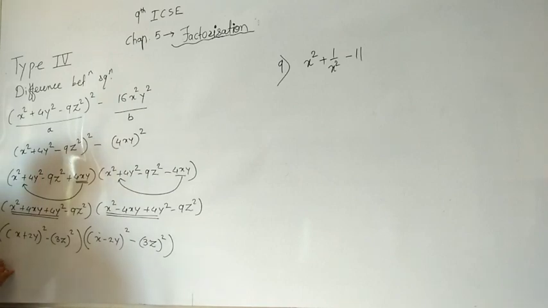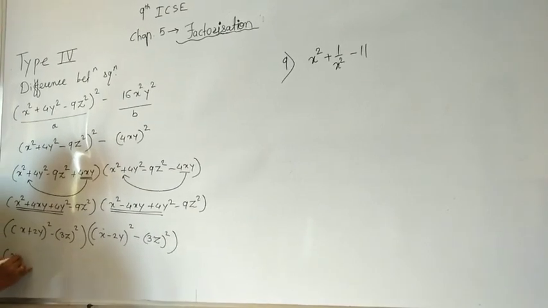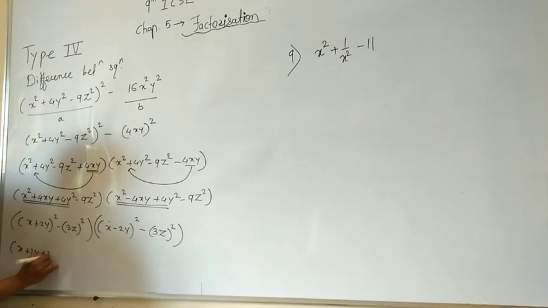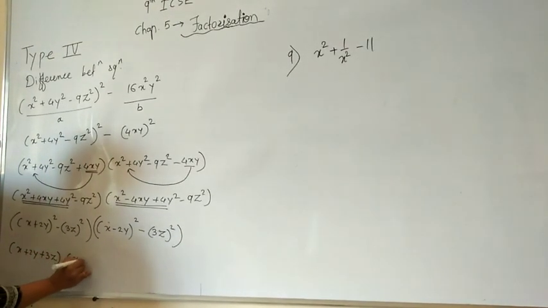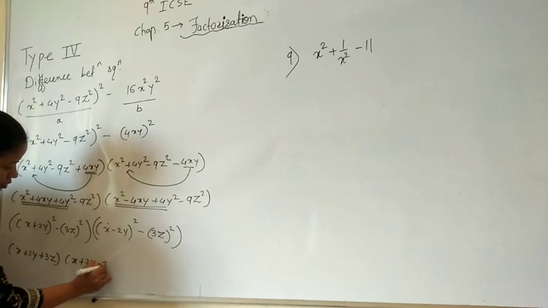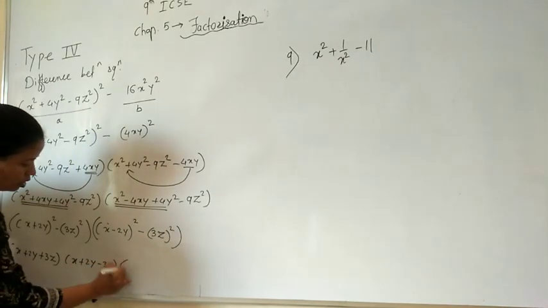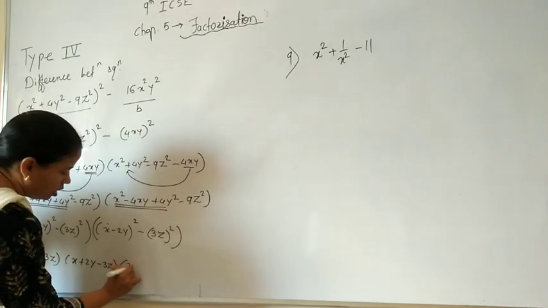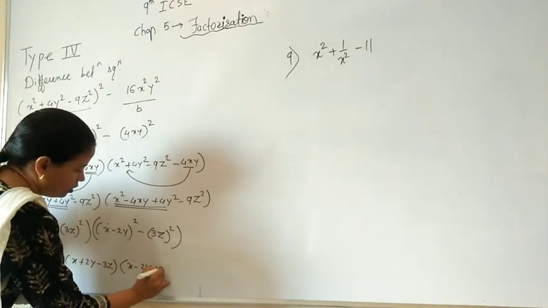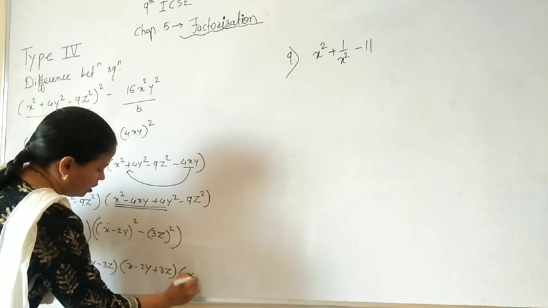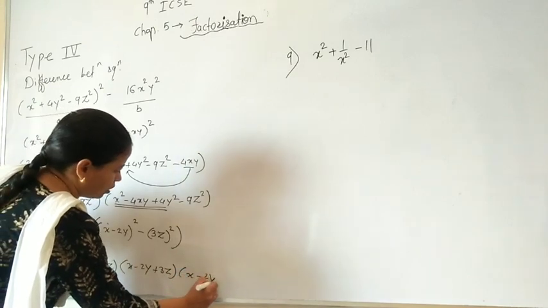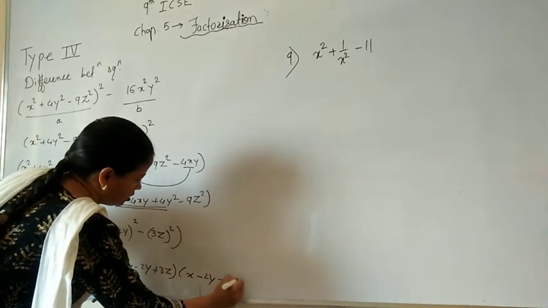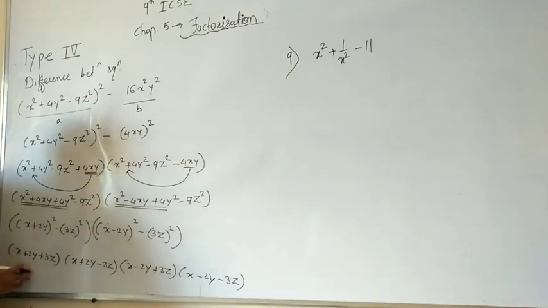Now further factorizing as a plus b and a minus b, so that (x plus 2y plus 3z) and (x plus 2y minus 3z). Okay, and this one, a square minus b square, means (x minus 2y plus 3z), and here (x minus 2y minus 3z). Now these 4 brackets are the answer.